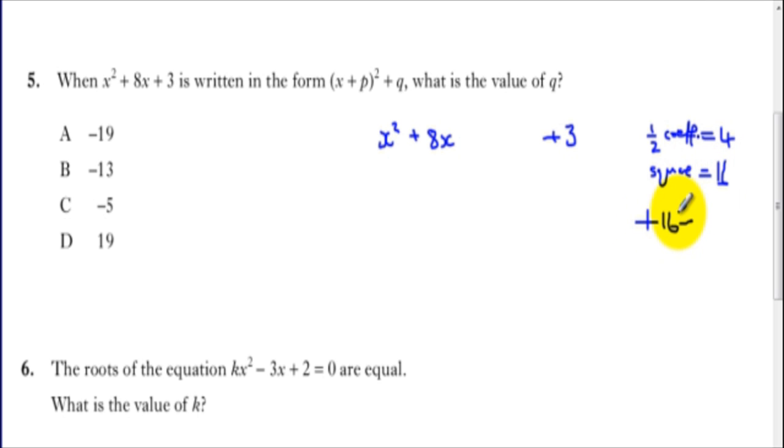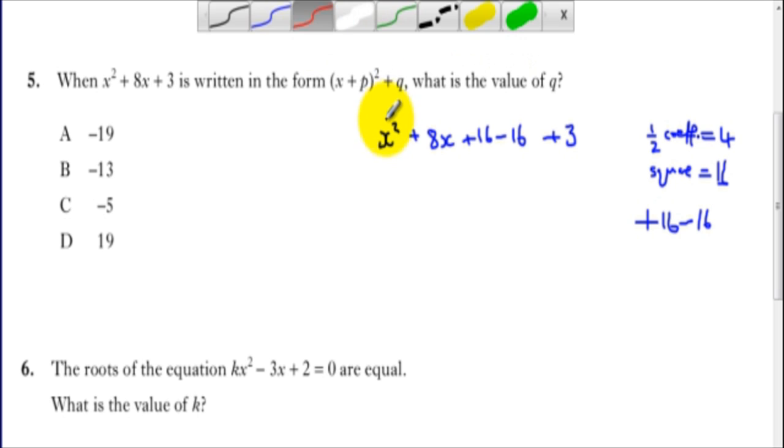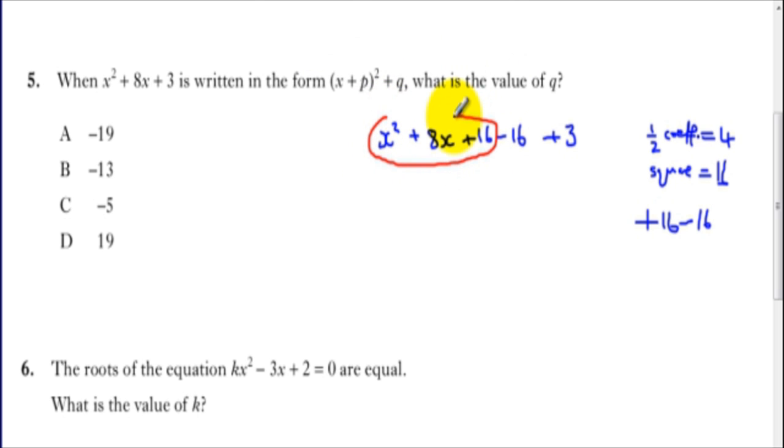If we now insert plus 16 minus 16 in at this stage, the plus 16 combines with the x squared plus 8x to give us our square, which is x plus 4 all squared. The minus 16 plus the 3 gives minus 13. We're asked to find the value of q, so it's minus 13, so the answer is B.